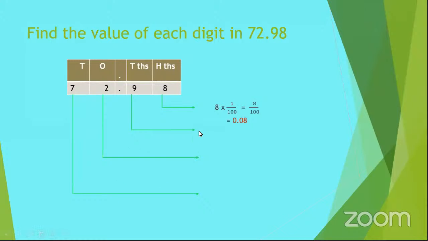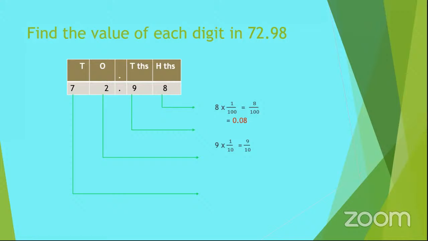So for you, when you're going to 9, what is the place value of 9? The place value of 9 is 10ths. So what we do to get the value of 9, we multiply 1 out of 10. When you multiply 9 times 1 out of 10, you get 9 out of 10.